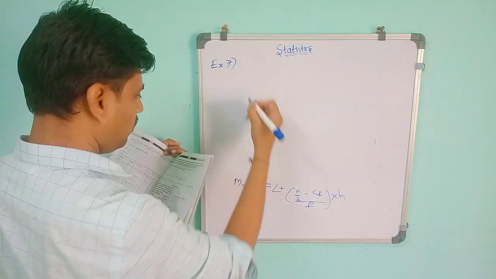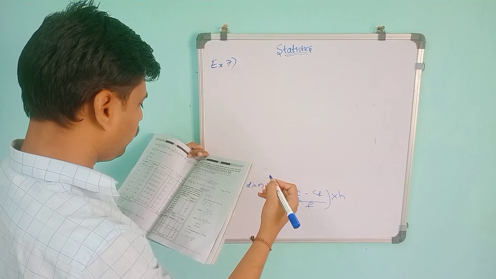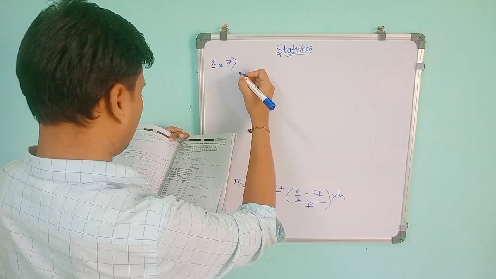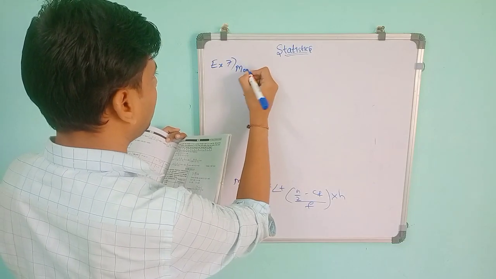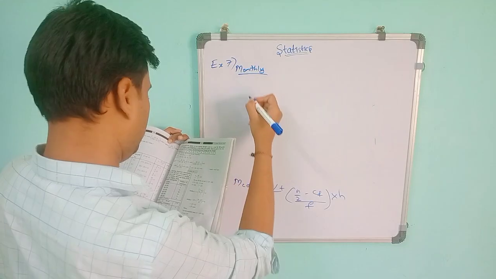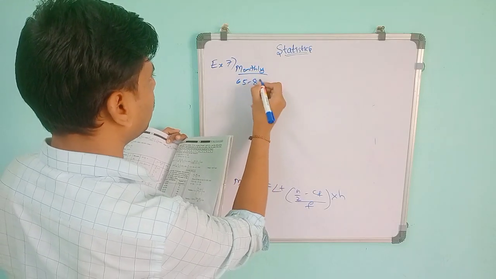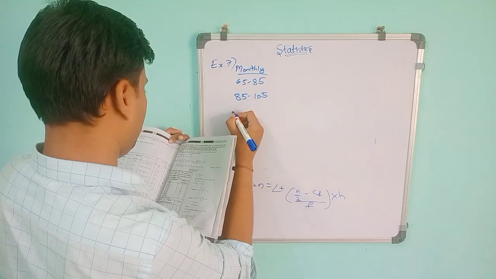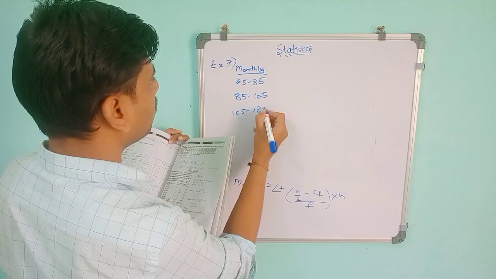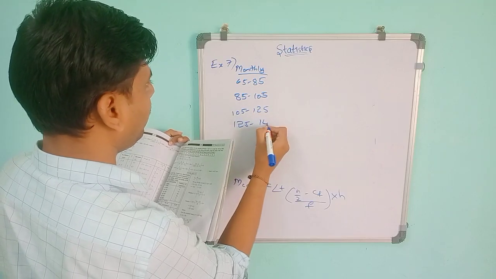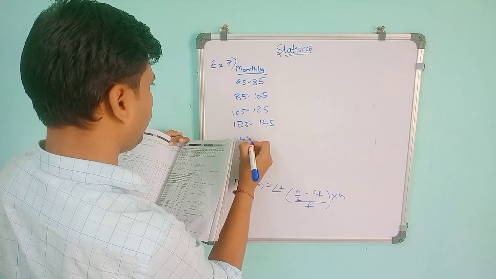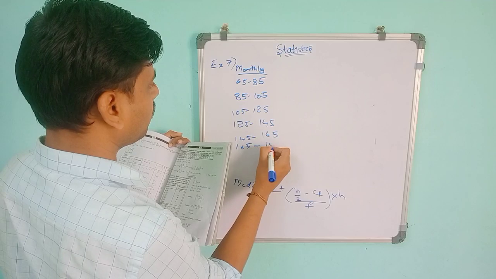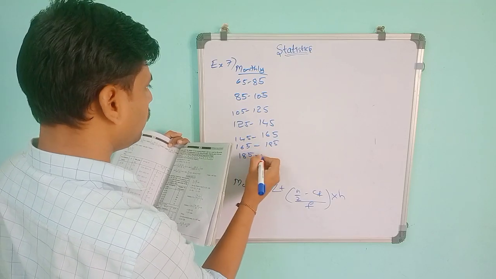So for the median, they have given the distribution of monthly consumption of electricity of 68 consumers. This will be monthly consumption in units: 65 to 85, then 85 to 105, then 105 to 125, then 125 to 145, then 145 to 165, then 165 to 185, and the last one 185 to 205.